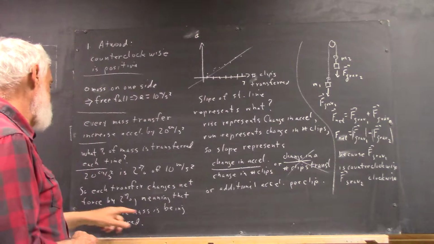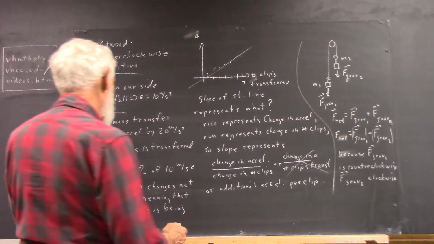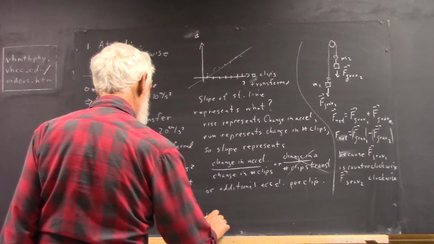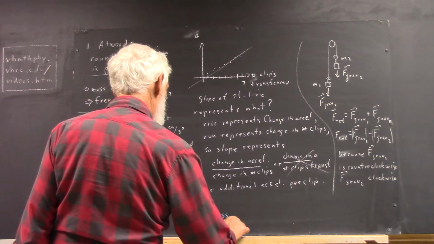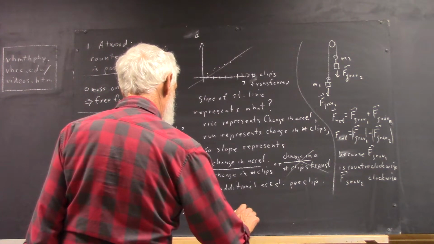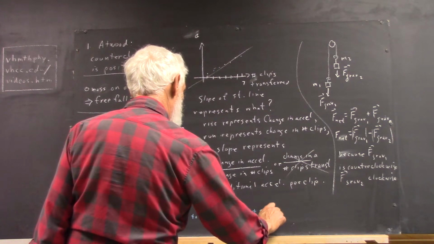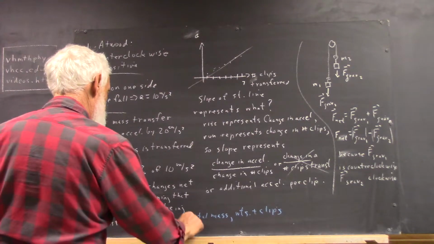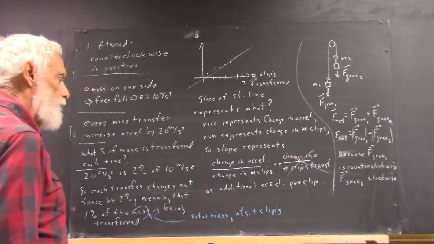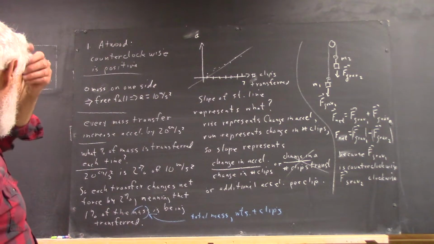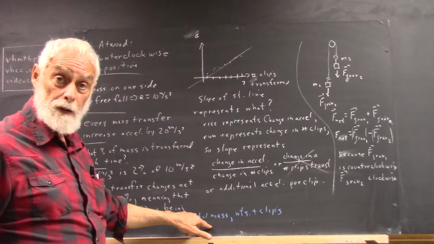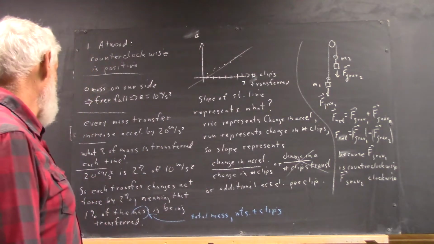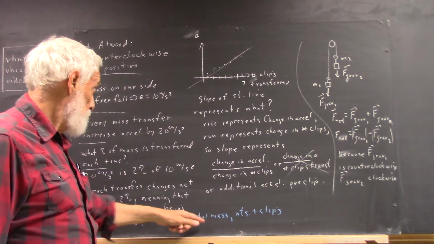So this 1% of the mass should be of the total mass, which would be the mass of the weights plus the clips, not just the mass of those hanging weights. That introduces a little bit of algebra into the calculation, and that's something I kind of expect you to try to deal with. Okay, so there's one little caveat there.